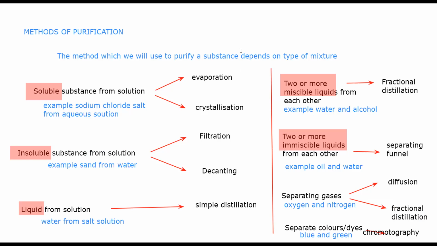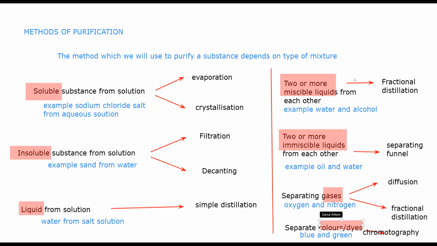So if you want to separate the soluble substance from solution, we will use either evaporation or crystallization. If you want to separate insoluble substance, we will use either filtration or decanting. If you want to separate two liquids from the solution, we'll use simple distillation.